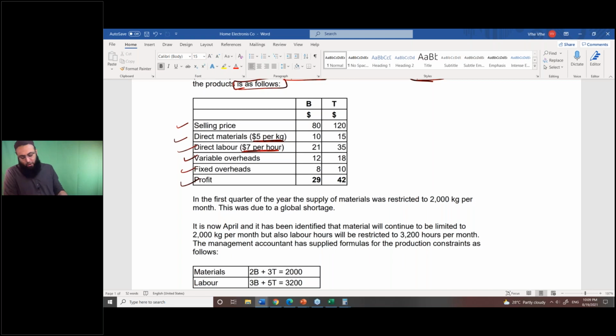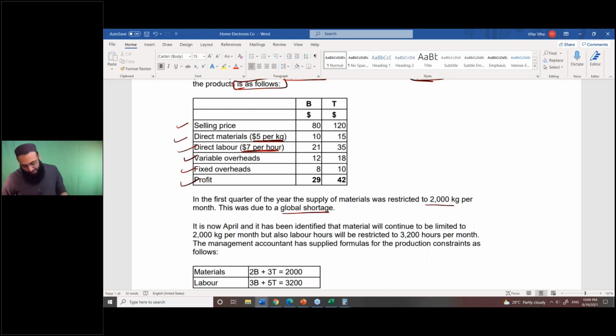In first quarter of the year, the supply of material was restricted to 2000 kg per month. This was due to global shortage.